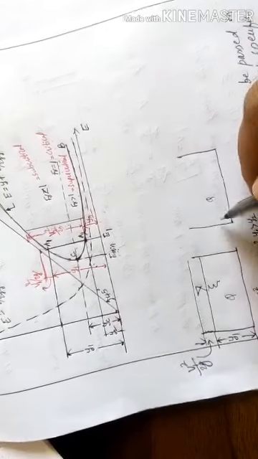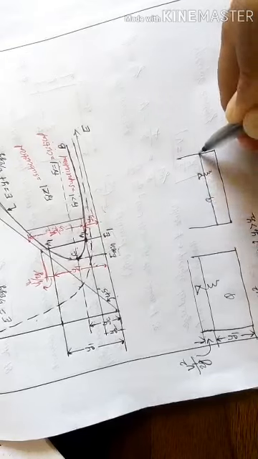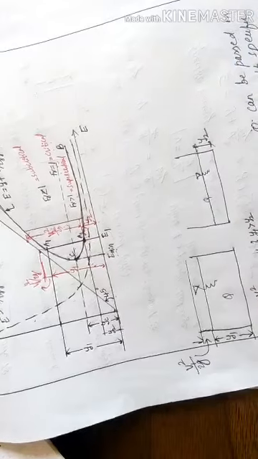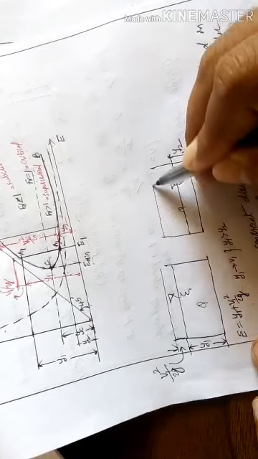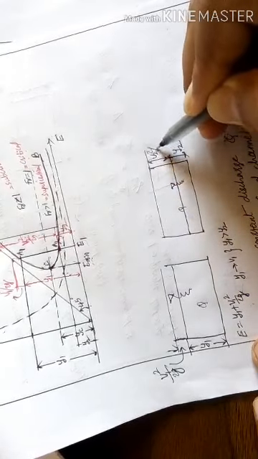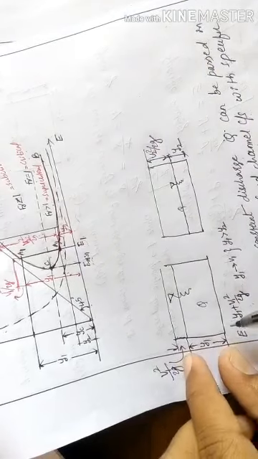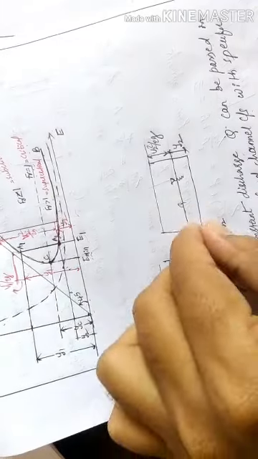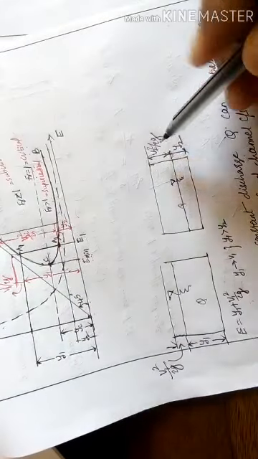So if we take this as the channel, this will be the depth of flow, and the velocity we get here is v2 square by 2g. It means for the higher depth, the velocity is less. For the lower depth, the velocity is high.